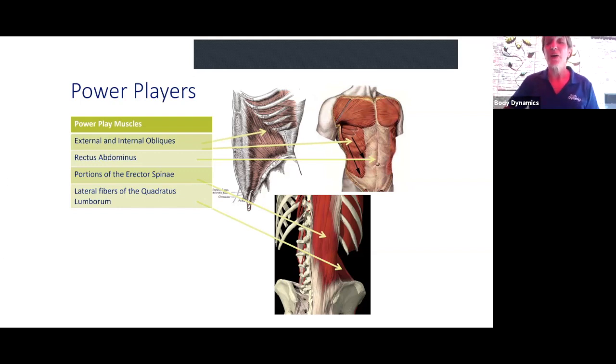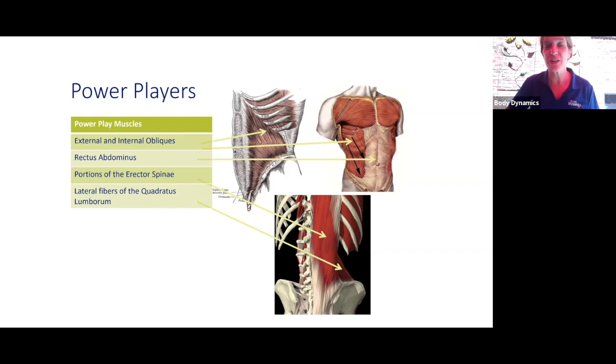The key for understanding why we want to put these power play muscles aside in a hypermobile spine initially is that those muscles attach, let's just say, from the top to the bottom of the bed spring. They have very long attachment sites, and they skip a lot of rings in the spring.